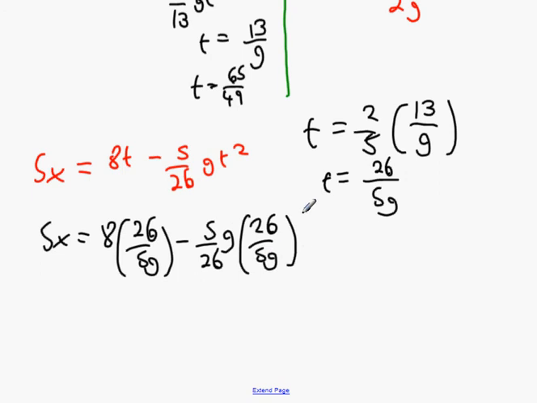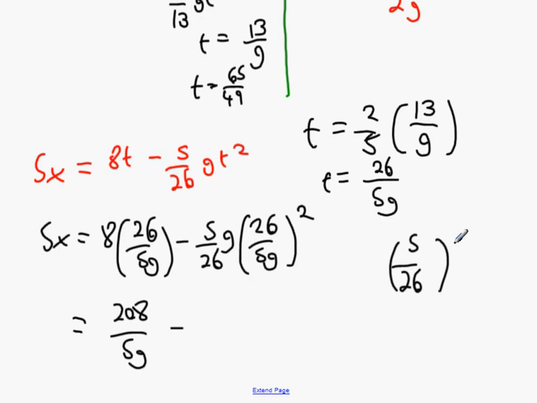Okay, this is going to be a bit tricky. 8 times 26, anybody? 208. Thank you. Yeah, this is going to be a difficult one. So we put this in the calculator. 5 over 26 multiplied by 26 over 5 squared. Might be a tricky one for the head at this time in the morning.